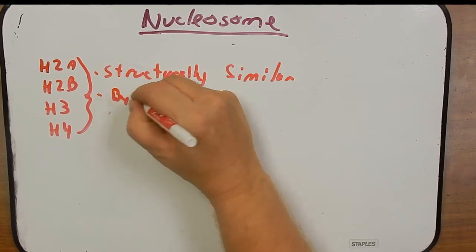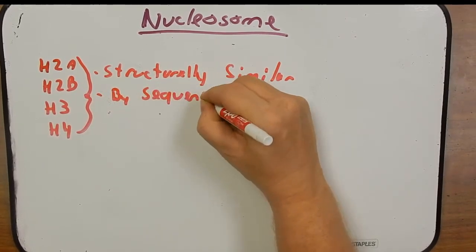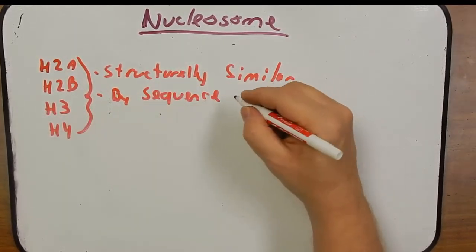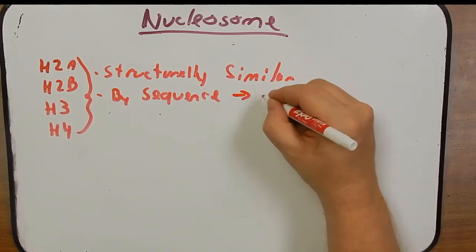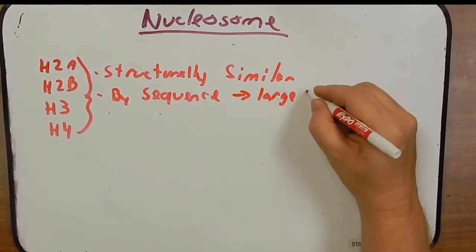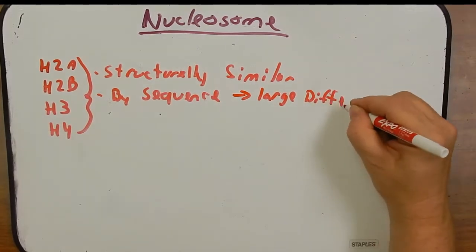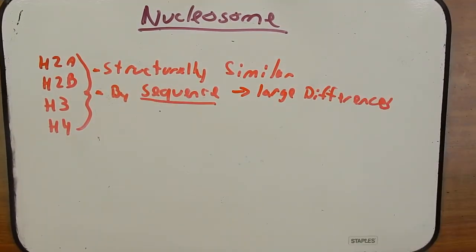However, by sequence of the genes that code these proteins and the protein sequence, there are large differences, suggesting that the histone proteins might be able to bind DNA in general, but not sequence specifically. That is, maybe the histone proteins don't recognize a very specific sequence. Rather, maybe they just recognize DNA and are able to bind to it.